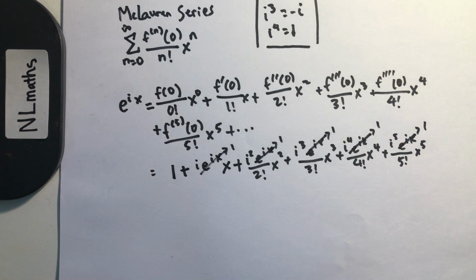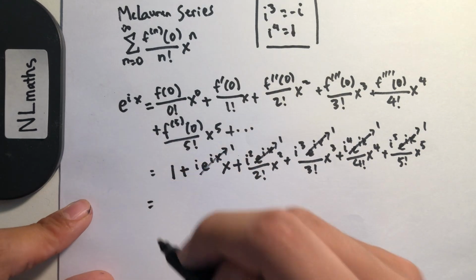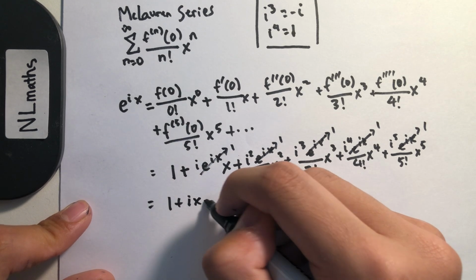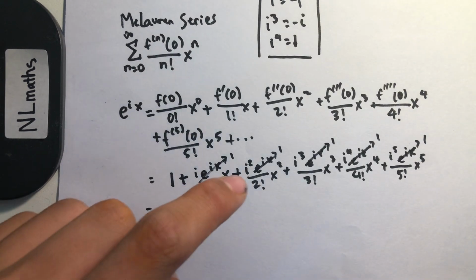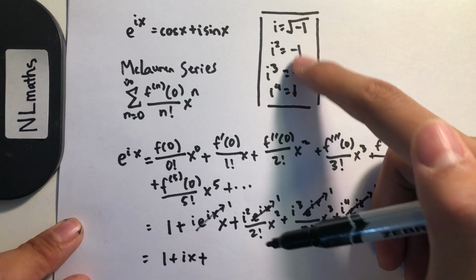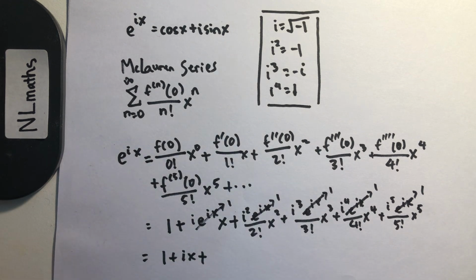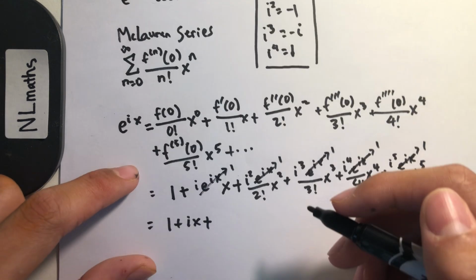So technically, all of these terms go to 1. So I'm going to write this a little bit nicer. And also, from our previous identities with i, we can see that i squared is actually a real number. So I'm going to write that out as well.